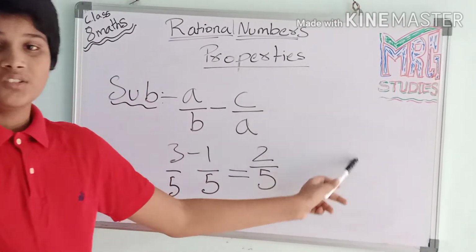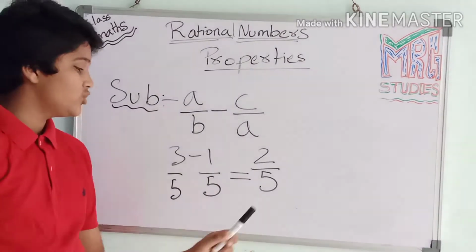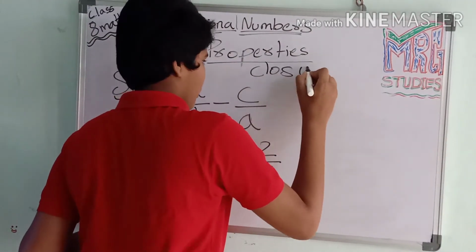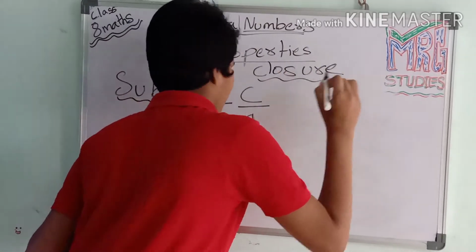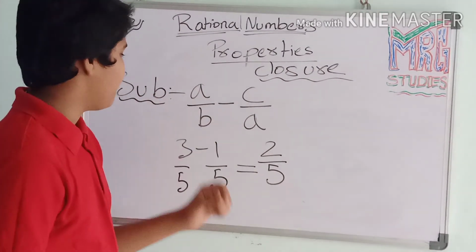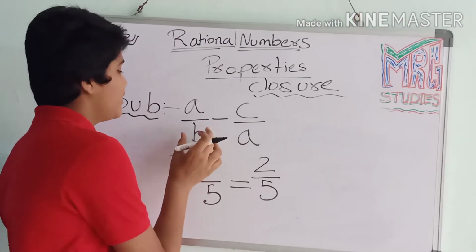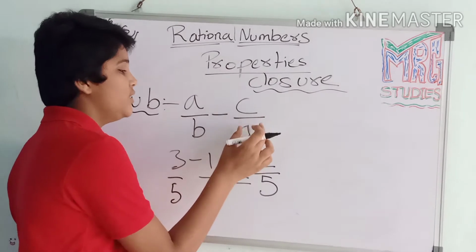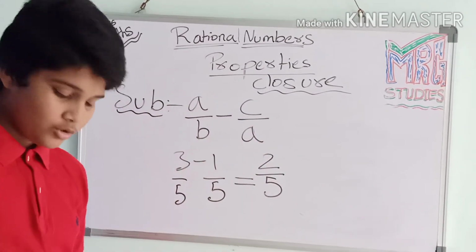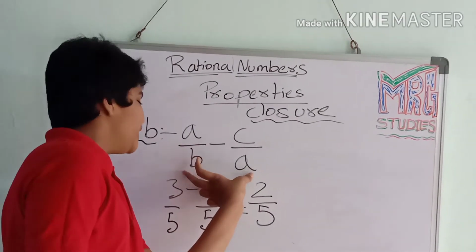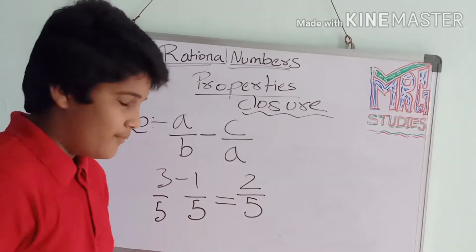First we will do closure property in subtraction. The formula for subtraction is the same as in addition: a by b minus c by b. I told you in the closure property of addition that we can keep the denominator the same.